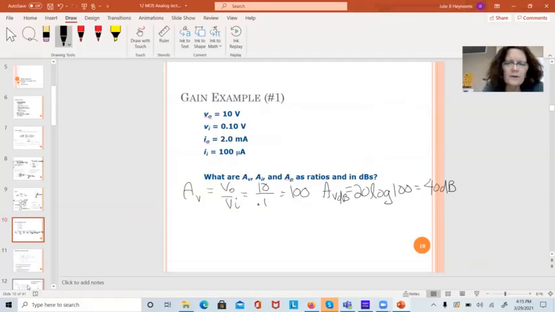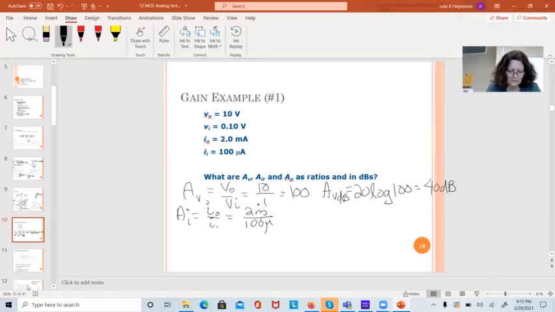Now, if I want to calculate the current gain, my AI is going to be I out over Iin, assuming it's linear. And I out is 2 milliamps. Iin is 100 microamps. Did I calculate that? No, of course not. I skipped that step.